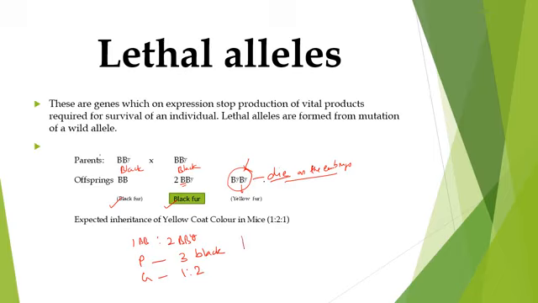In the case of Mendel, you all know the phenotypic ratio was 3:1 and the genotypic ratio was 1:2:1. So these are not matching. So this is also a post-Mendelian concept. The presence of certain alleles causes that organism's death, and that is what we call lethal alleles.